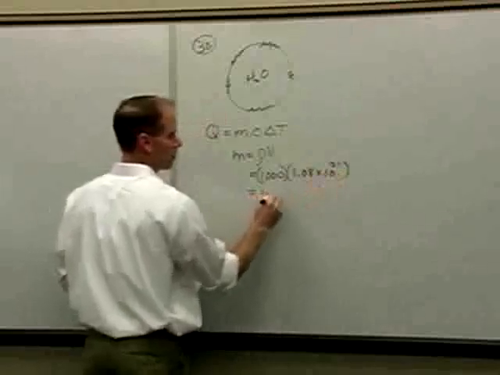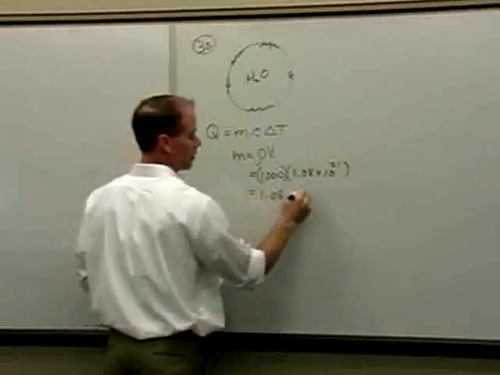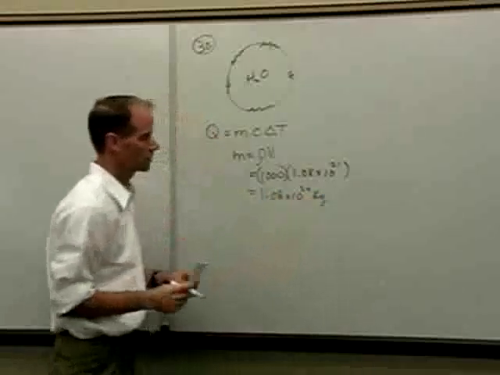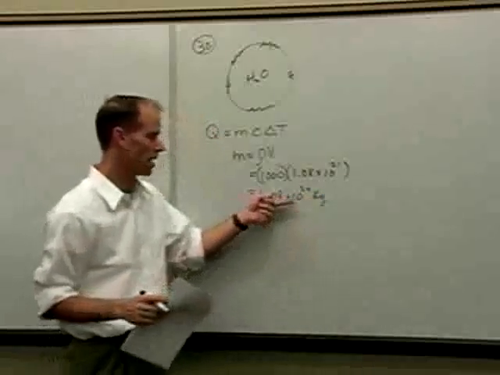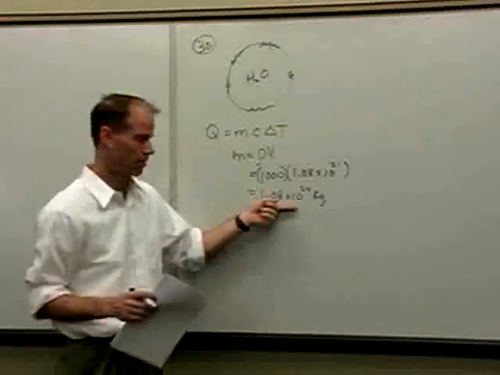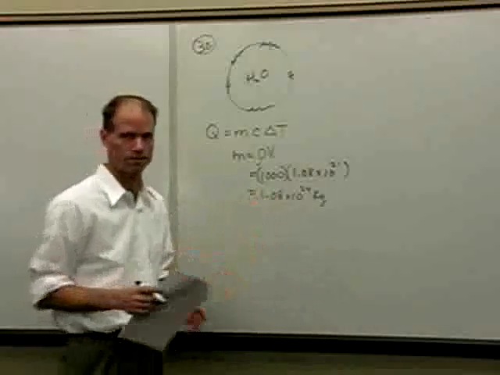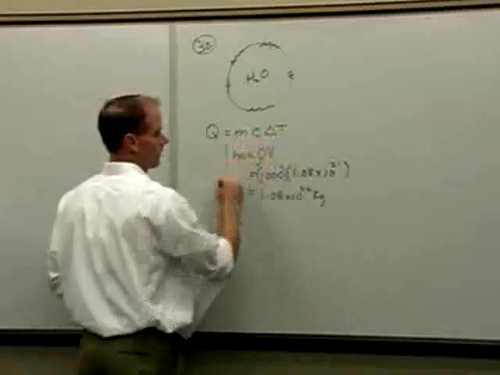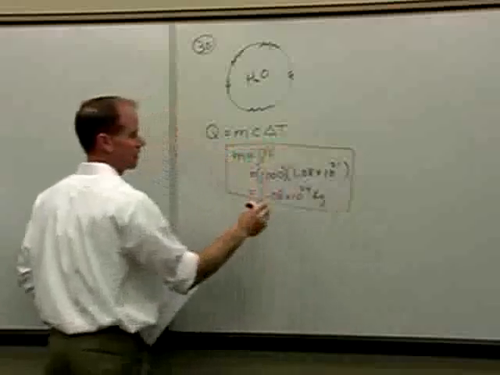So this is going to be 1.08 times 10 to the 24 kilograms. So if the Earth is comprised of water, it'll be about 1/6 the mass of the true Earth. Well, this is what we're going to put into there. So this is kind of like a sidelight thing.